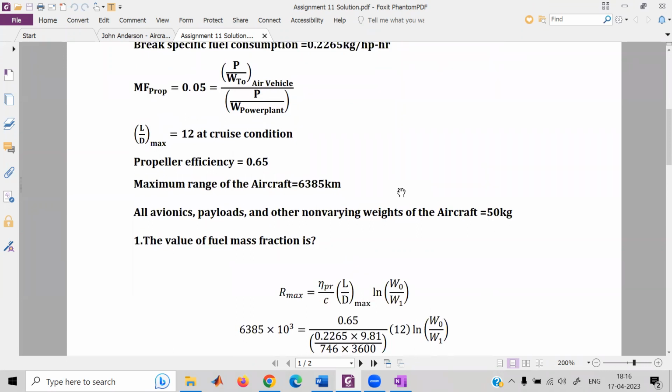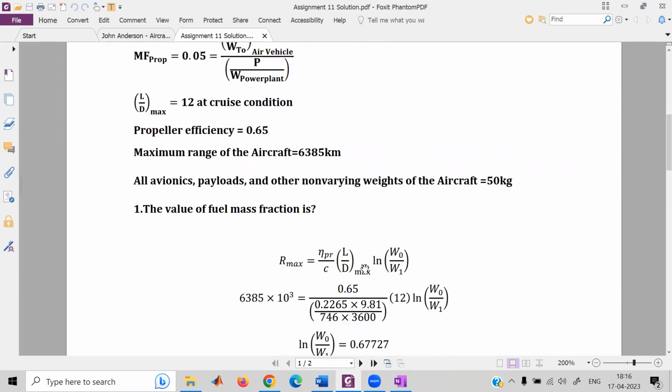So the number is 2265, and why is there a 9.81? Why this factor? It is the g factor, maybe for counting in the weight, to convert kilogram to Newton. Because in the definition of C, it was Newton.